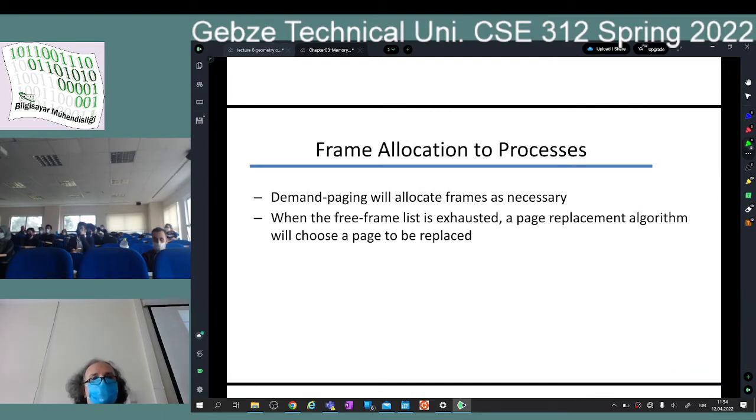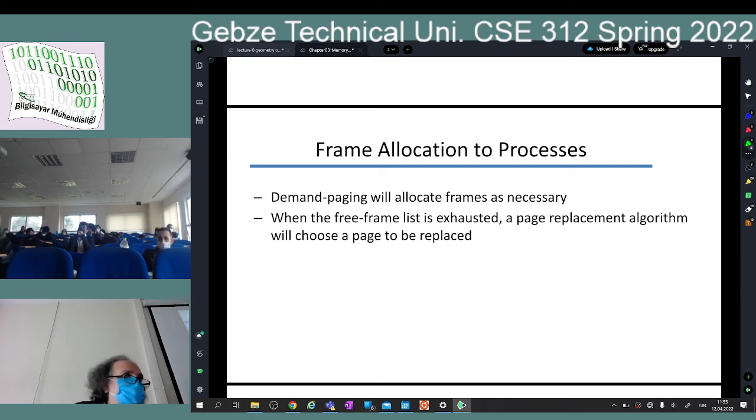Frame allocation to processes. We usually follow this policy of demand paging. Demand paging is this: never allocate any frames before they are used. Once a process starts running, load only the first page that the first instruction belongs to, and run that instruction.